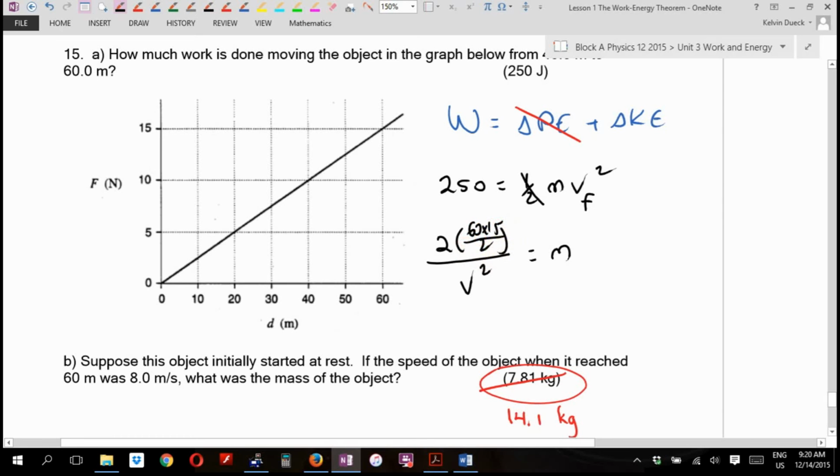That's where the 14.1 comes from. Because I did say it initially started at rest, which is why KE initial cancels. Yeah, you're right. That's why I got that 7.81 initially. No, it's 14.1 if you start at rest and use the full area. Is that okay? Any others?